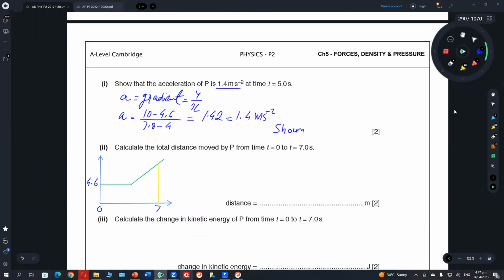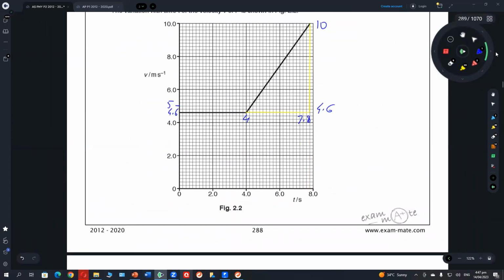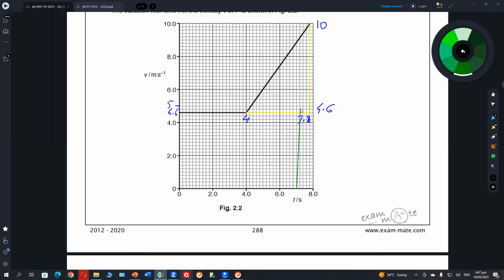4.6. How much would be on 7? Can you locate 7 for me? This is 7. No, this is not 7. This should be 7.